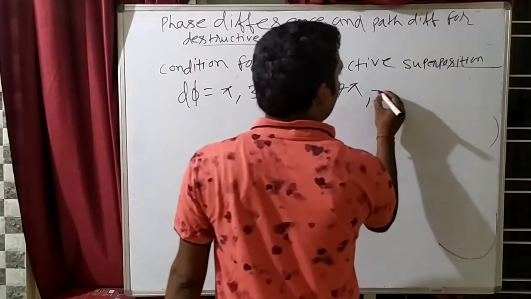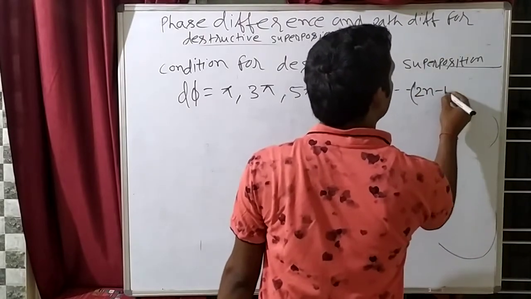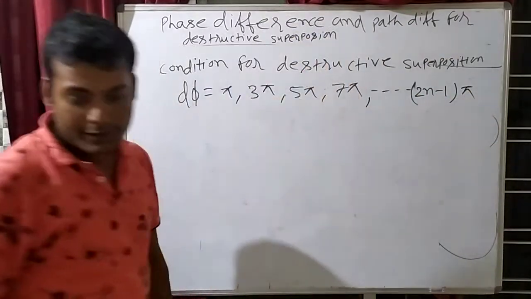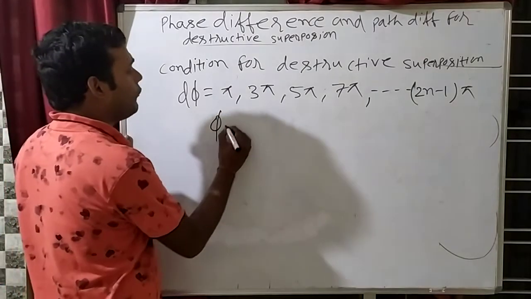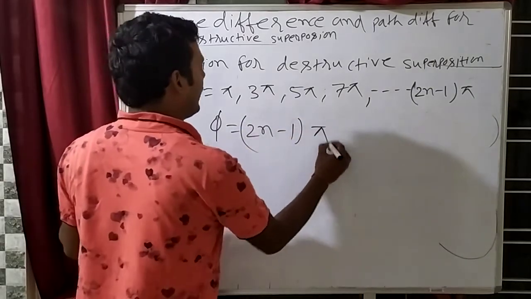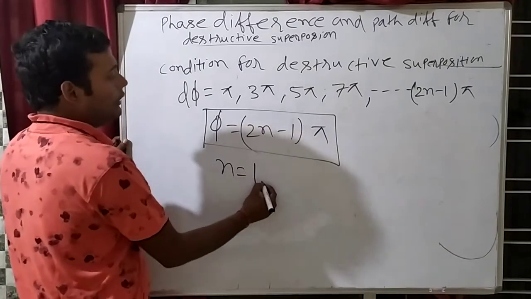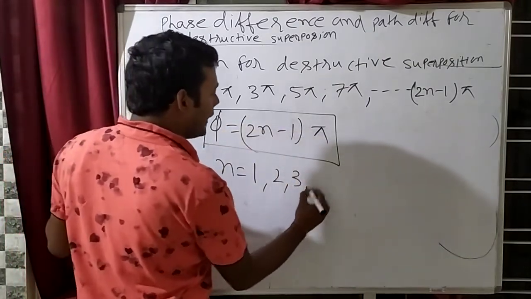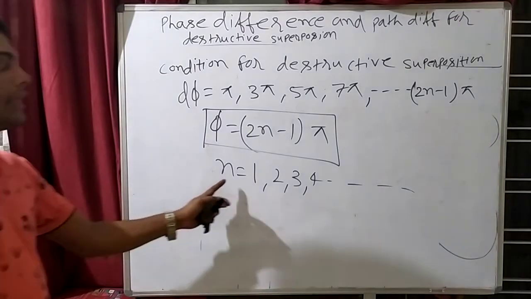Or you can say this will be equal to 2n minus 1 pi. In the general equation, the phase difference will be equal to (2n minus 1) pi, and n should start from 1, 2, 3, 4 like this. So in destructive superposition n starts from 1.